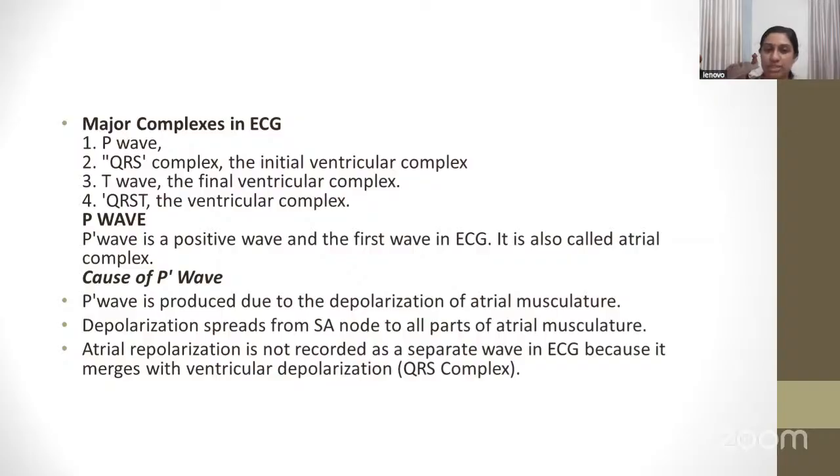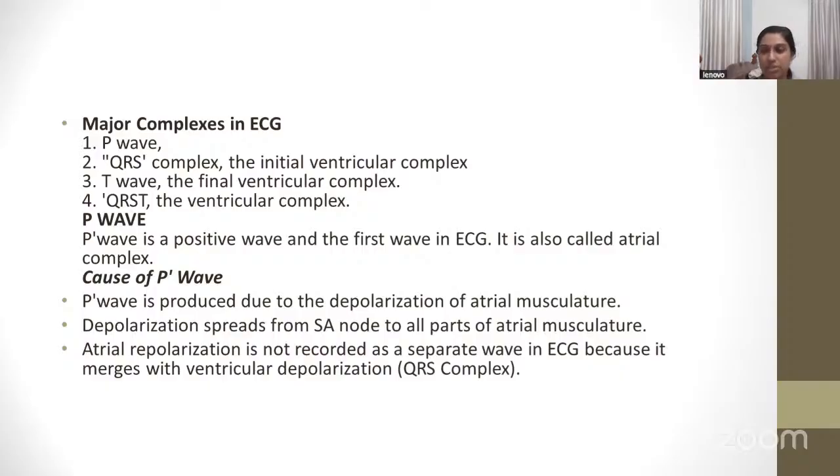So usually this P wave, QRS complex, everything is produced by depolarization. The P wave is produced due to the depolarization of the atrial musculature. We know that the initial thing is atrial contraction, and the P wave is produced due to the depolarization of the atrial musculature. We can remember it like this: ADEP, that is atrial depolarization causes P wave.